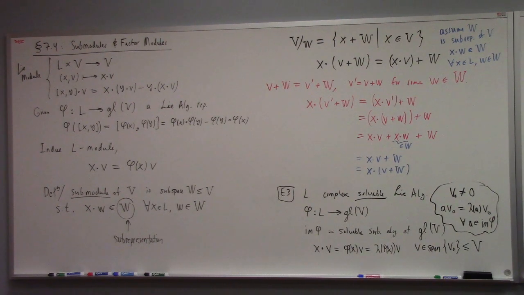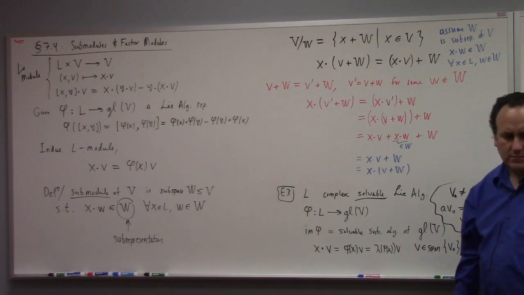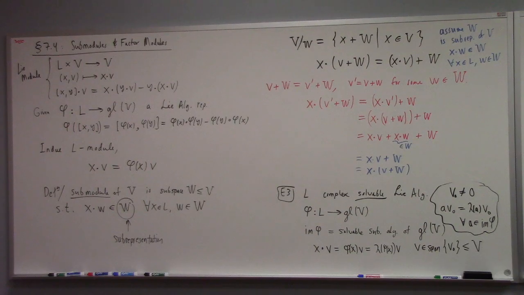Well, it's x dot y dot v plus W minus y dot x dot v plus W. I mean, that's just the definition of module subtraction. And then we're looking at x dot... Oh man, Audric, I'm sorry. I think you just have to show that y dot v and x dot v are both in W.